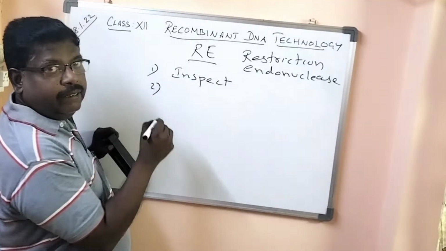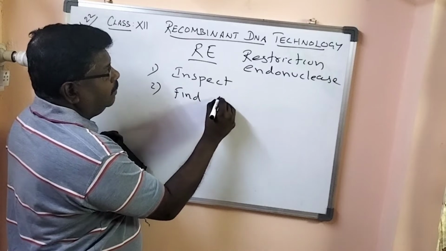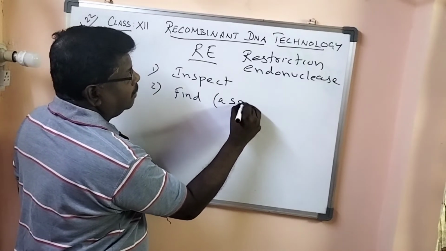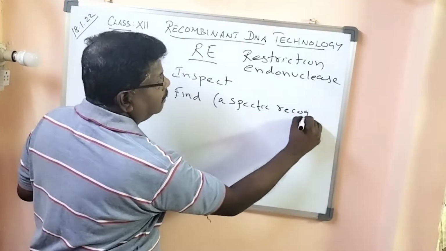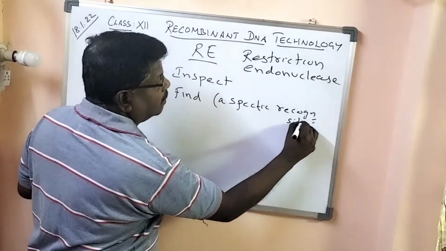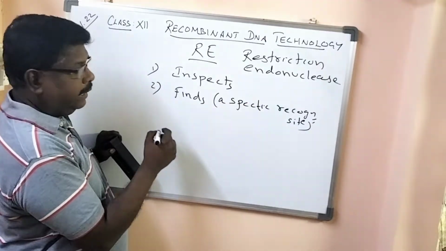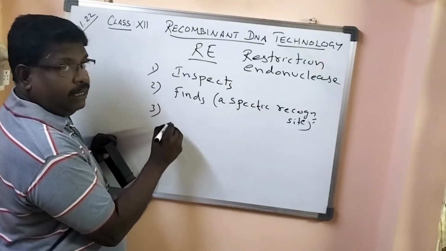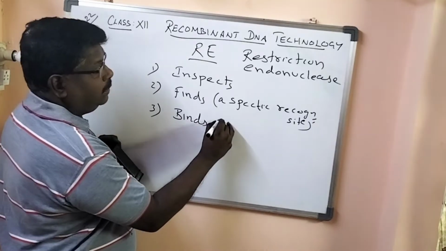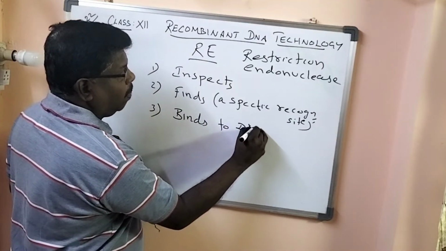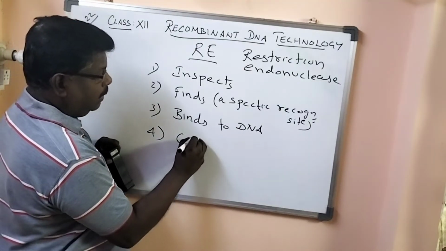Second, it finds a specific recognition site. Then it binds to that DNA. Then fourth, it cuts.